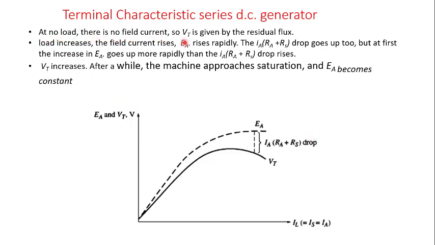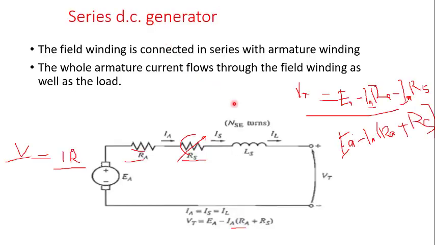So at no load, there is no field current, so V_T is given by the residual flux. Residual means flux that is stored in the machine. As the load increases, the field current rises, because the load current is the same as the field current, since it's connected in series. As the load current increases, the field current also increases, because they are the same.